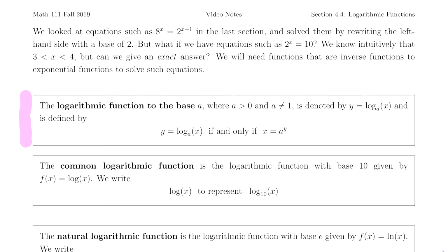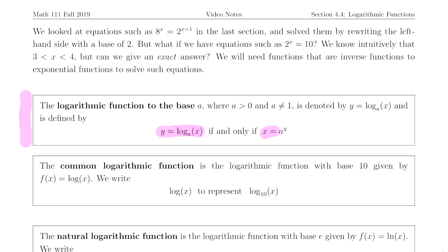And so here now our actual definition is what I already started mentioning in the video before, that the logarithmic function to the base a is denoted by y equals logarithm to the base a of x. And that is true if and only if a to the y's power is x.